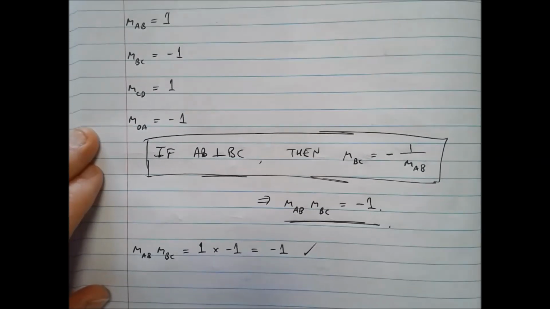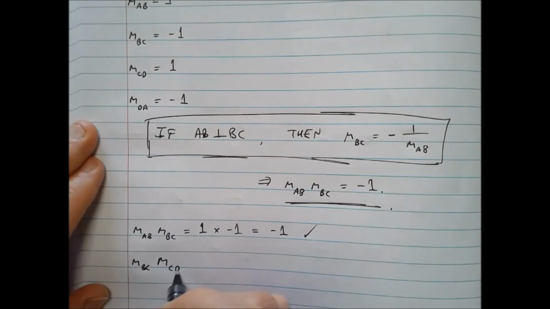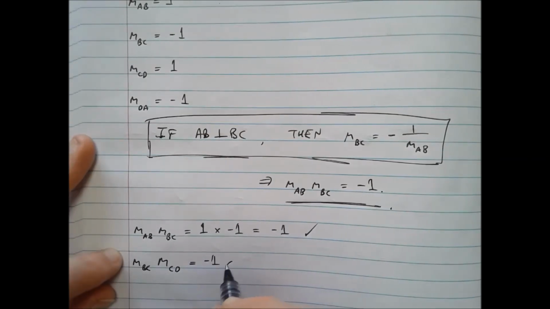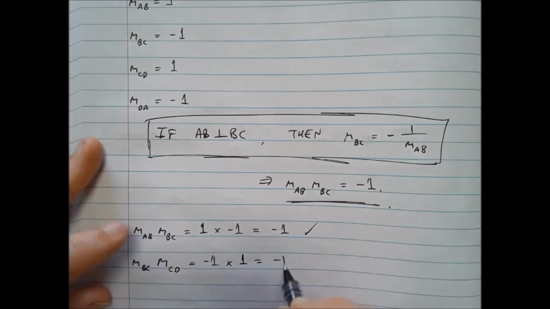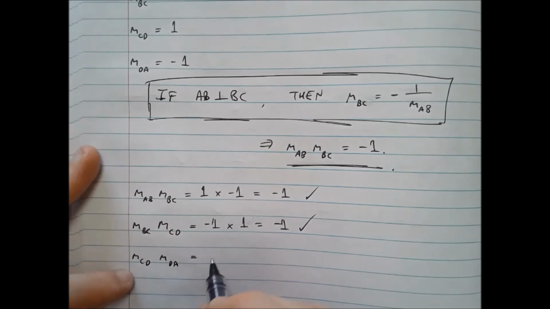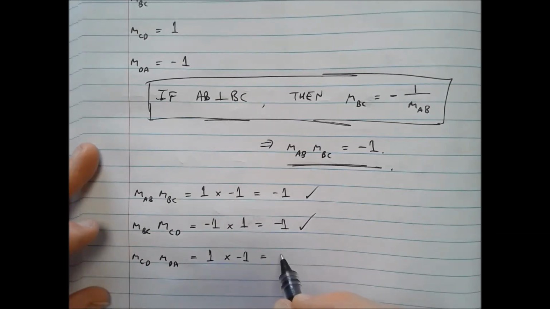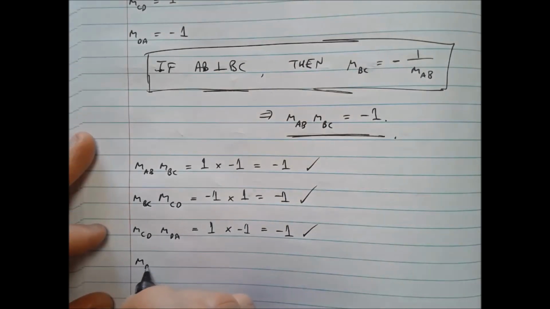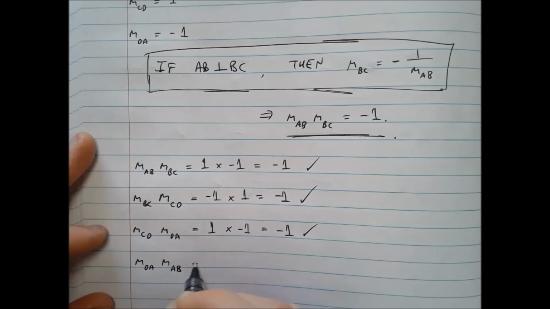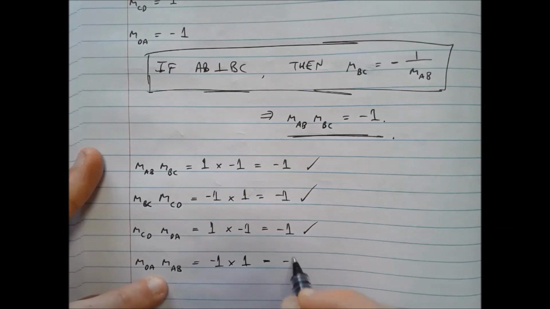Tick. mBC times mCD: mBC is negative 1, mCD is 1, so they multiply to give negative 1. mCD times mDA: mCD is 1, mDA is negative 1, and they multiply to give negative 1. And finally mDA times mAB: mDA is negative 1, mAB is 1, they multiply to give negative 1.